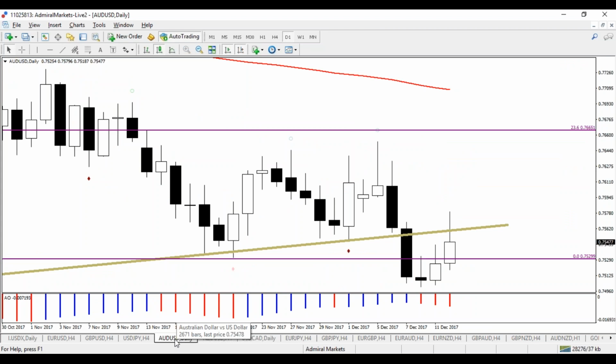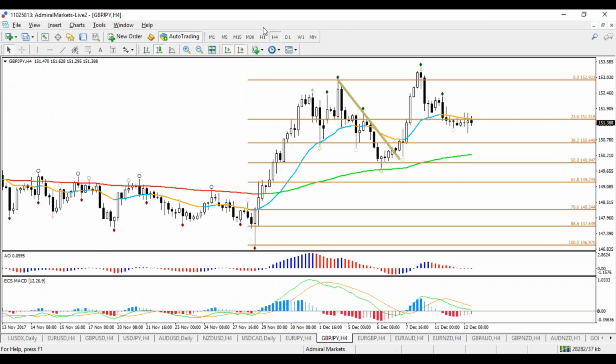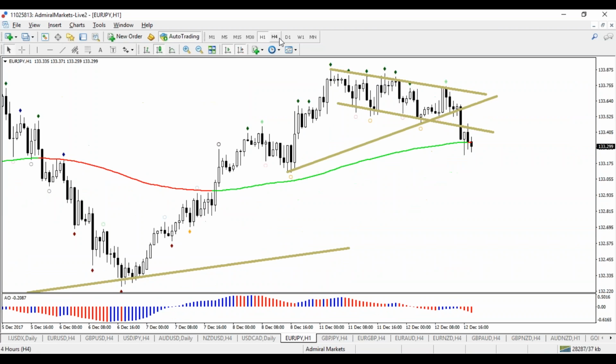That's about it, I think, at this moment. All right, so that's my 2 cents. I don't see any particular trade for lower time frames at this moment.